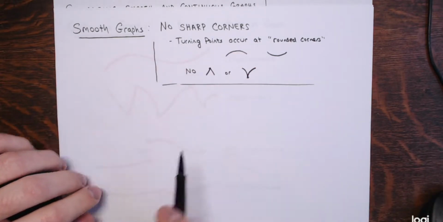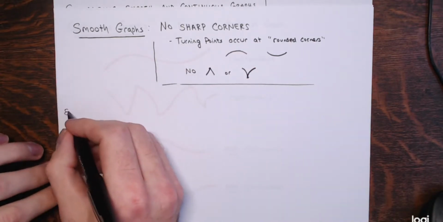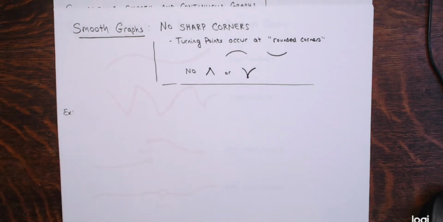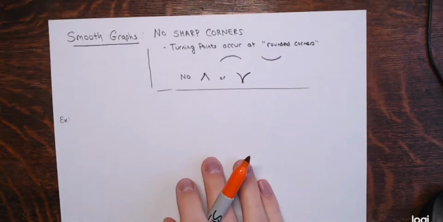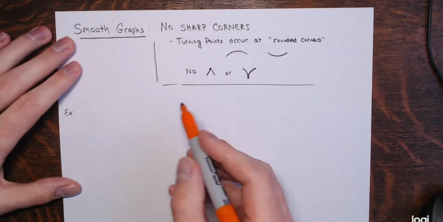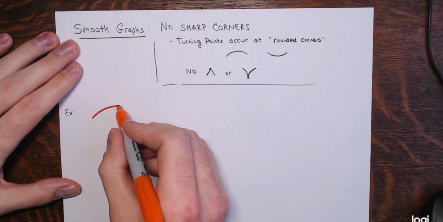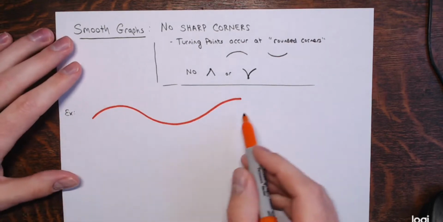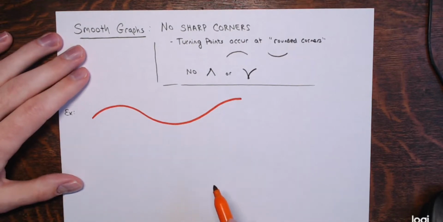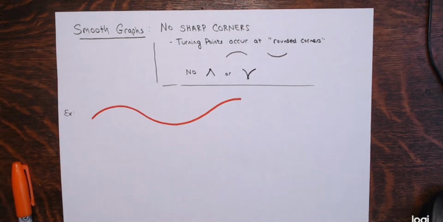So some examples of curves that would be smooth or not smooth are the following. Let me get rid of this page. So for example, this first drawing, rounded curve, nice and smooth flow here, no sharp corners. This is smooth.